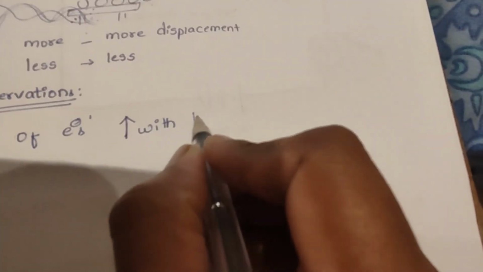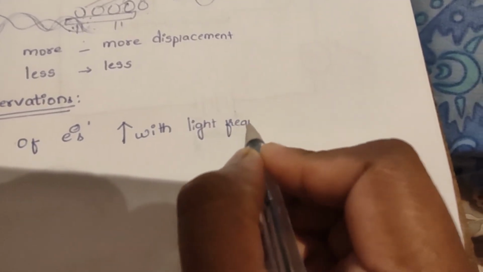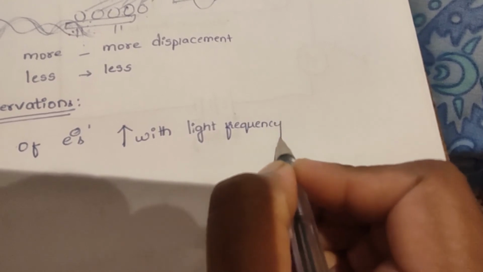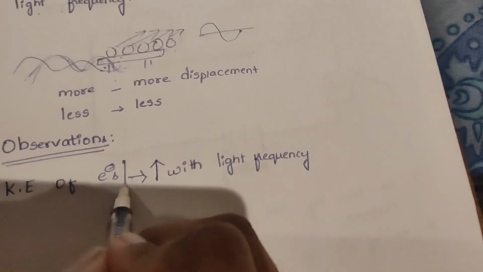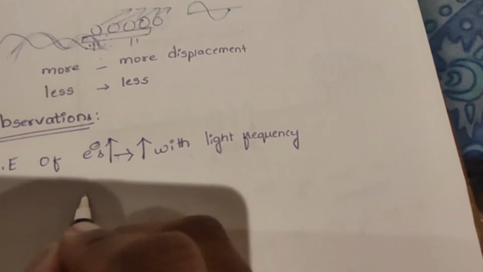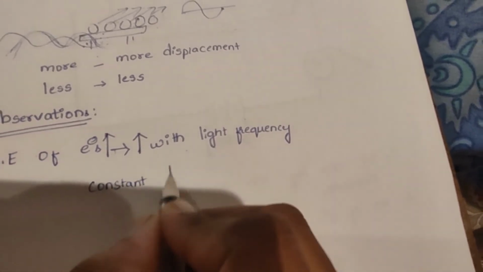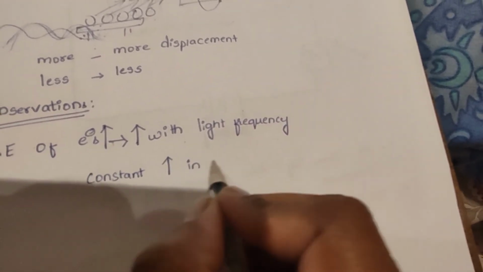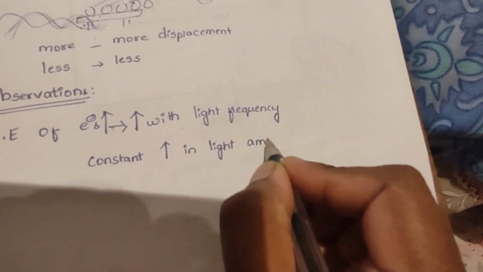The kinetic energy of an electron increases with increase in light frequency, but remained constant with increase in light amplitude.